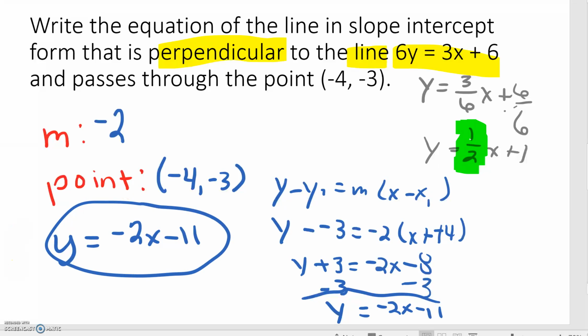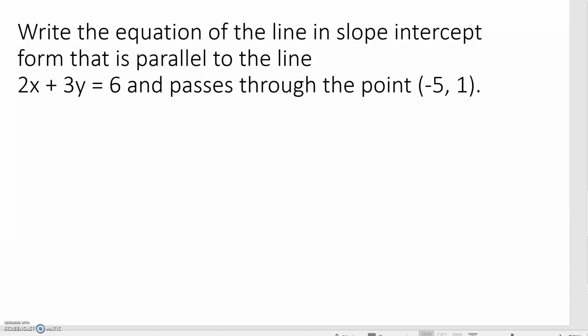Okay, let's try one more example. Write the equation of the line in slope-intercept form that is parallel to the line 2x plus 3y equals 6 and passes through the point -5, 1. Well, we know that it is parallel to this line, and we are given a point. But we have to find the slope of the parallel line.